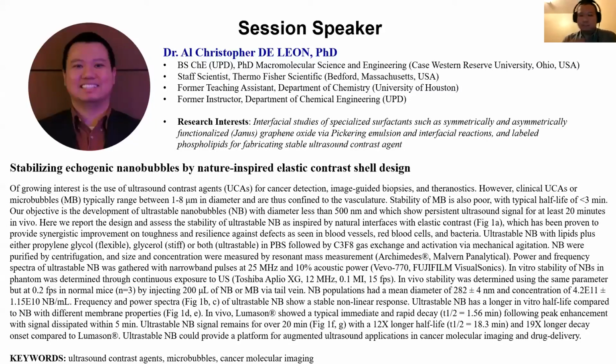We offered a lot of proofs that they exist, but there are a lot of groups that still pursue microbubbles. I think there are at least 5 groups doing nanobubbles, but with different formulations. We are also collaborating with different groups. We supply them our nanobubbles, and then they activate them on site and do the study.